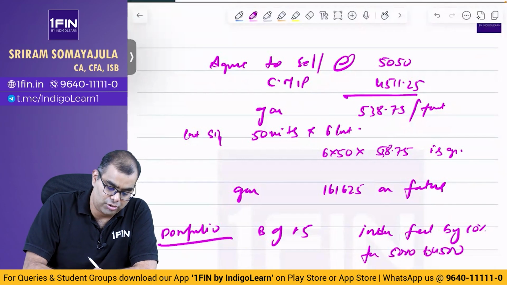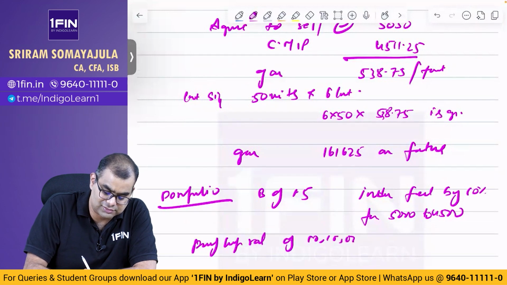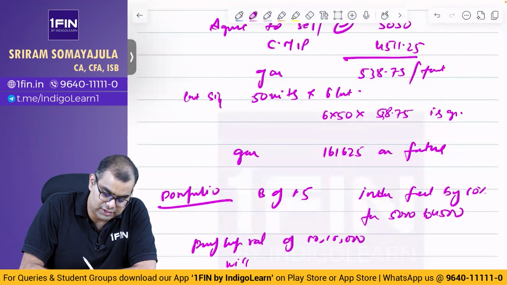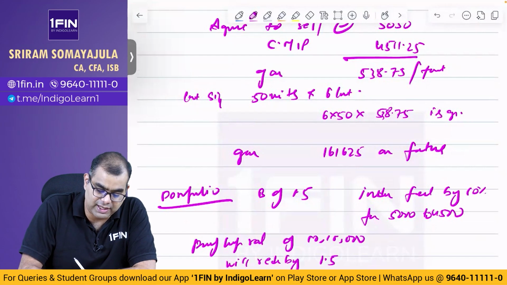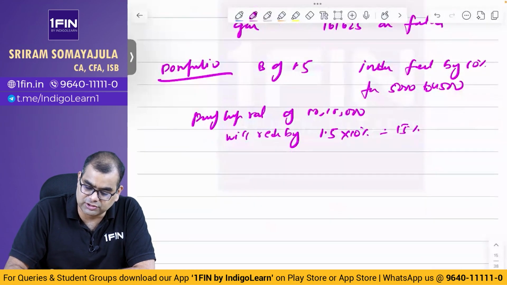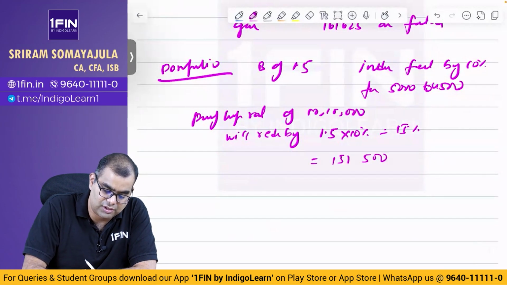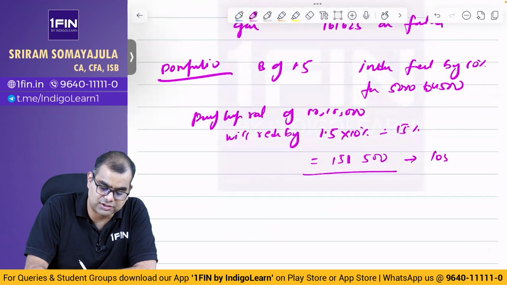Then the portfolio value of 10,10,000 will reduce by how much? 1.5, that is beta, into 10%. That is equal to 15%. So 10,10,000 into 15% is 1,51,500. Okay, so this is loss.